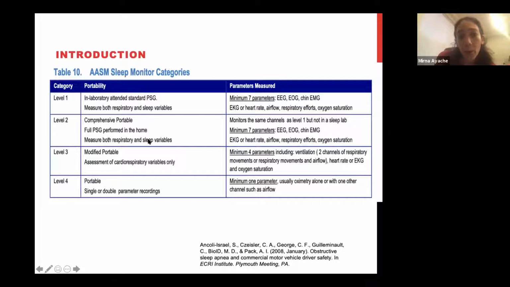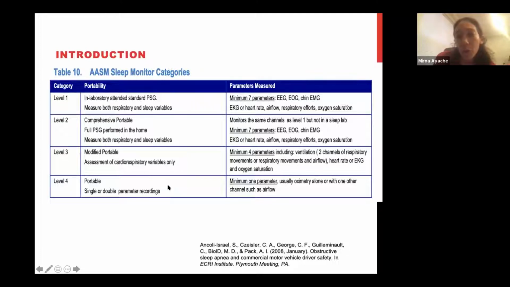It's a comprehensive study that also has a minimum of 7 parameters, including EEG, EOG. However, it's done at home, not attended, so we don't use level 2 as often. Level 3 is the portable sleep study that we order, the home sleep study, and you have to have a minimum of 4 parameters, including ventilation, 2-channel respiratory movements and airflow, and oxygen saturation and heart rate.